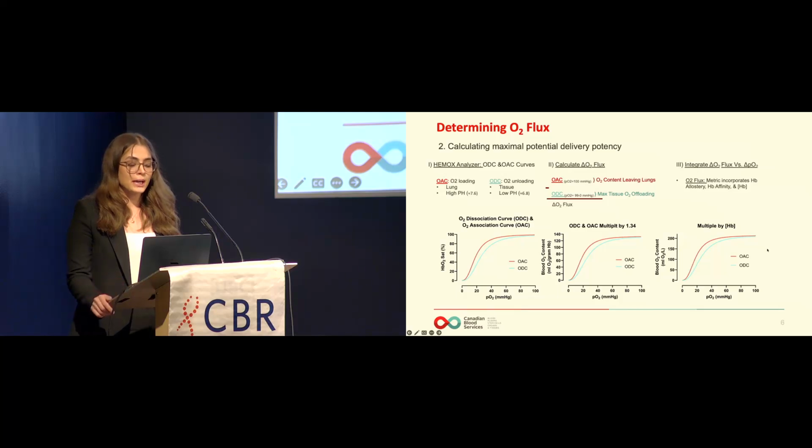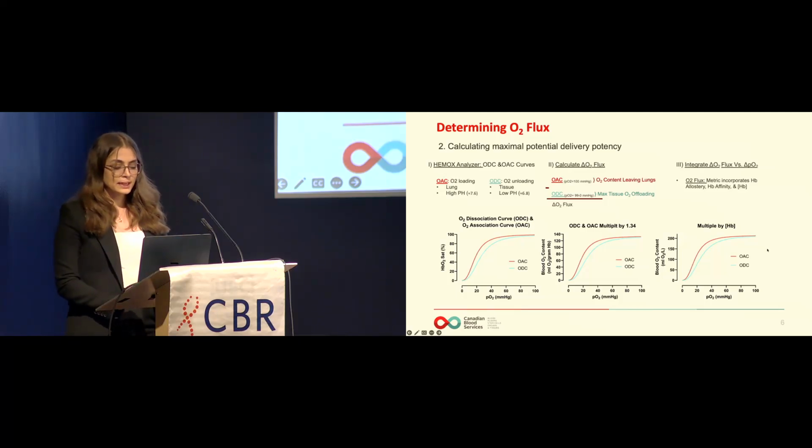Again, we multiplied by 1.34, and then by hemoglobin concentration. We considered the delta oxygen flux by subtracting the oxygen dissociation curve from the oxygen association curve, and we have considered this area under the curve as an indicator for oxygen delivery.